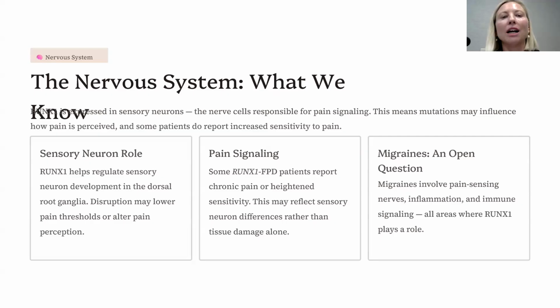So it's not unreasonable to connect the dots here with RUNX1 being involved in pain sensing nerves and inflammation. And so I bring this up because if you or your loved one is struggling with migraines, you have now some language to present this with your neurologist and say, there might be something here. Can we talk through this? And again, there are existing treatments, and it's important to get help.